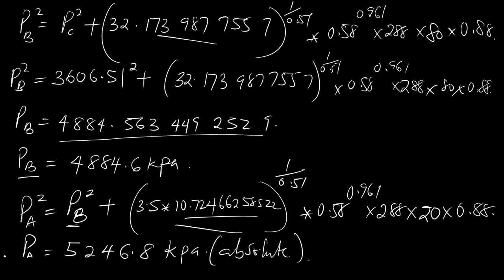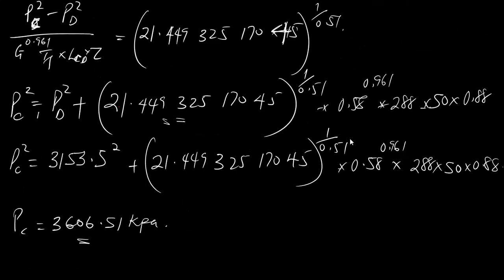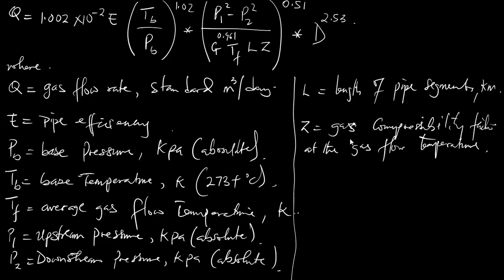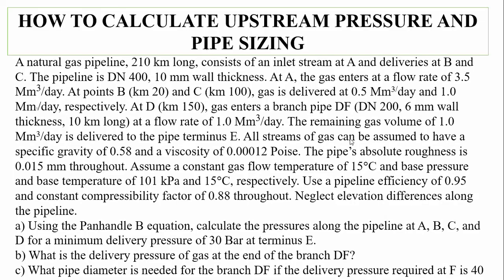So this is for the pressure at A. Now there is a question that we were asked to solve. They asked, what is the delivery pressure of gas at the end of the branch, at the end of the branch DF?